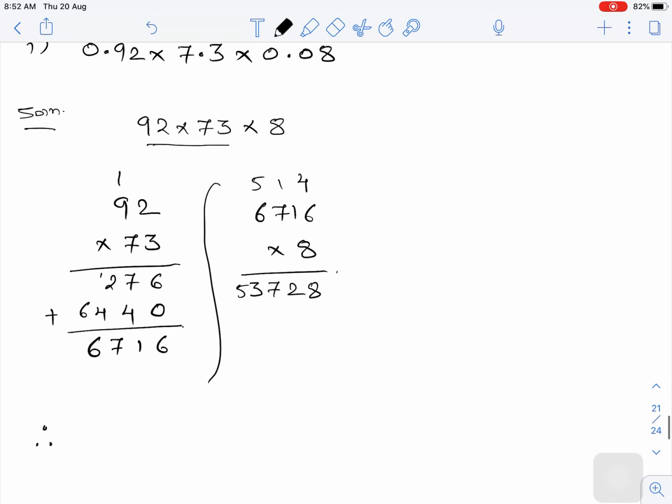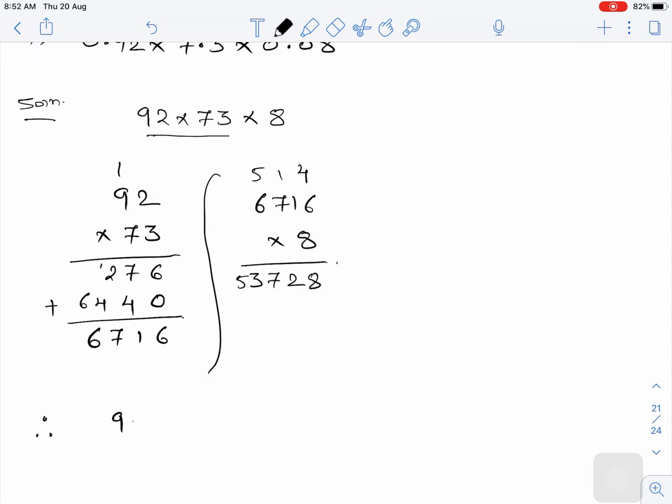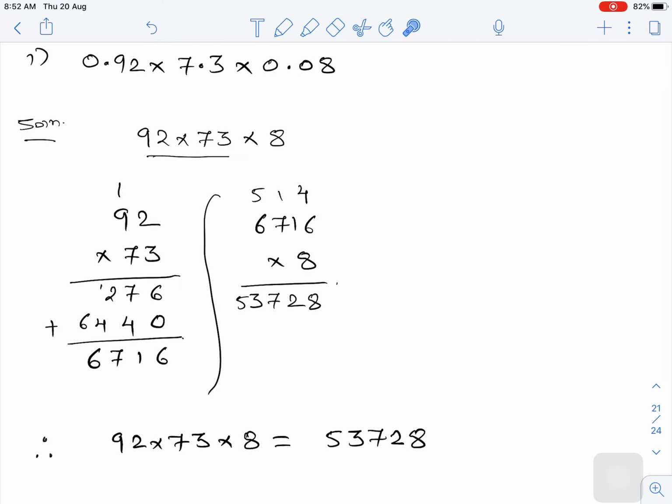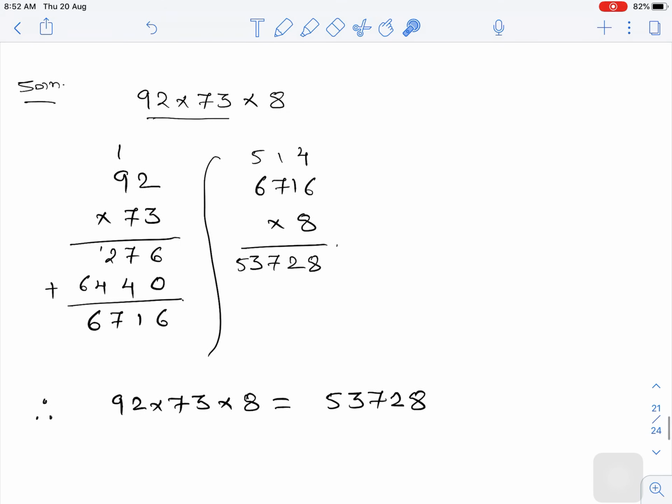Therefore 92 into 73 into 8 equals 53728. Okay, now our original numbers were 0.92 into 7.3 into 0.08.